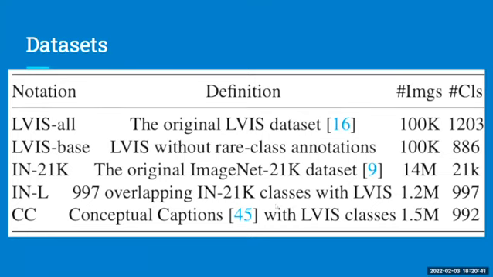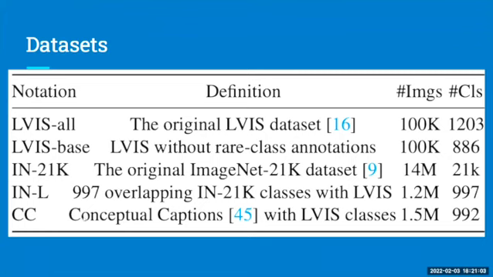As I already mentioned, ImageNet 21K contains 14 million images for 21,000 classes. For ease of training and evaluation, most of the experiments use the 997 classes that overlap with the LVIS vocabulary, and this is denoted as IN-L, which stands for ImageNet LVIS.